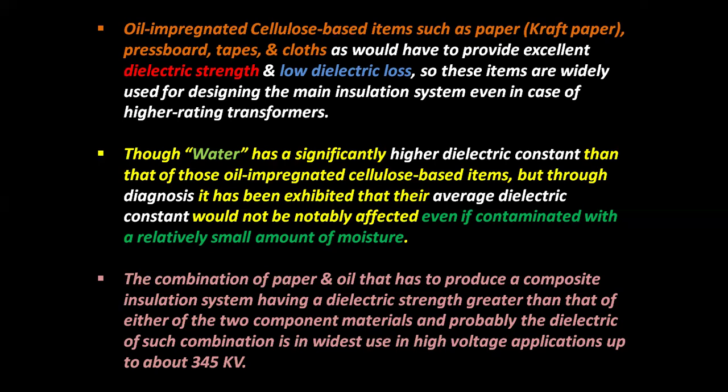The combination of paper and oil produces a composite insulation system having a dielectric strength greater than that of either of the two component materials, and probably the dielectric of such combination is in widest use in high voltage applications up to about 345 kV.